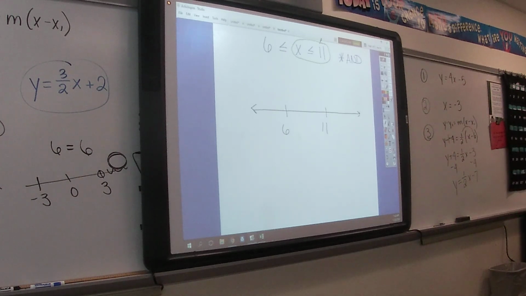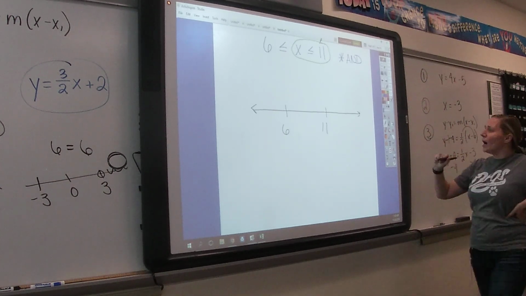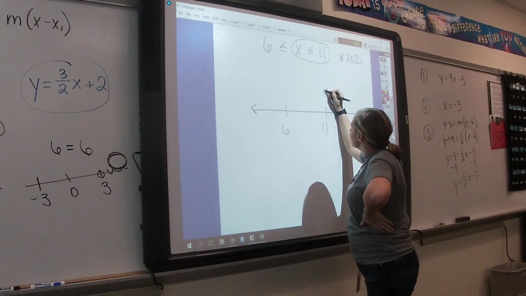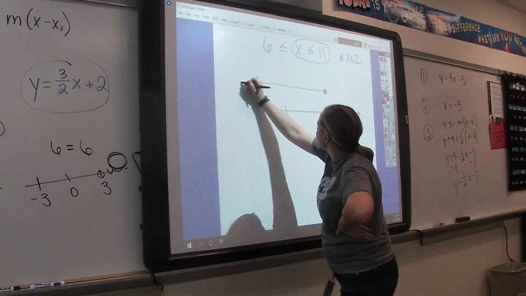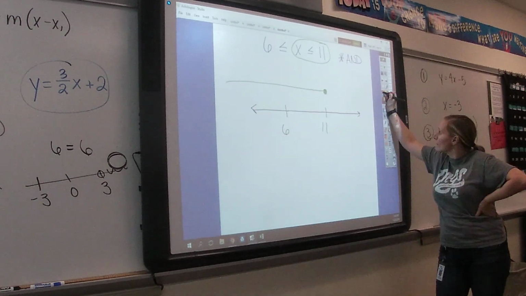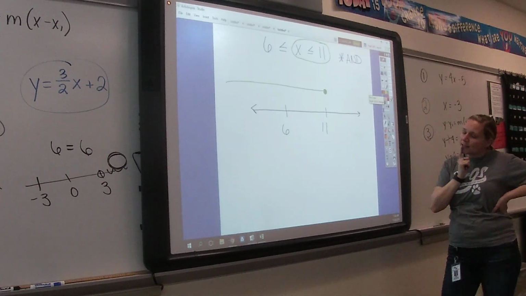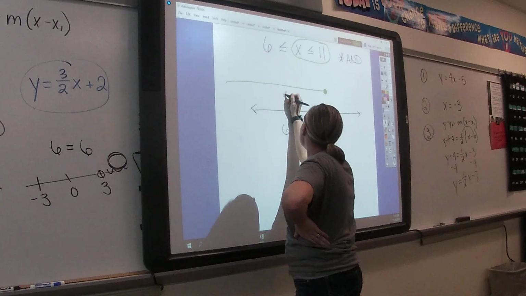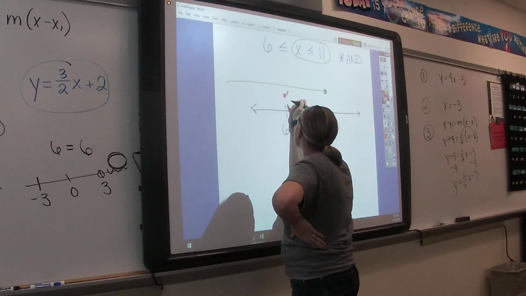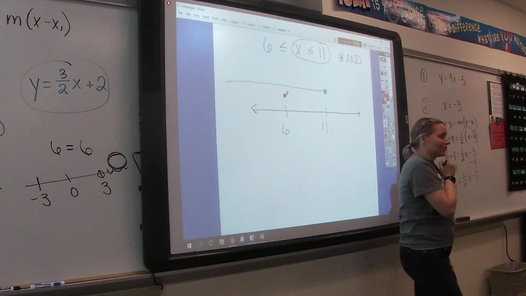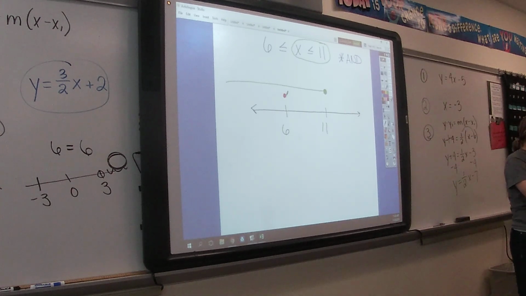Open or filled in at 11? Filled in. Filled in to the right or to the left? Open or filled in at 6? Filled in. To the right or to the left? So I'm hearing some lefts and some rights. What do we think?